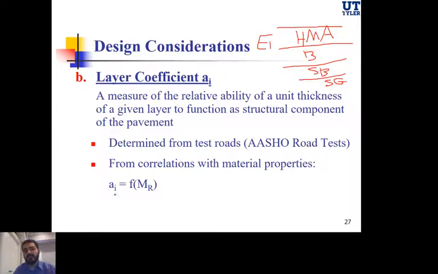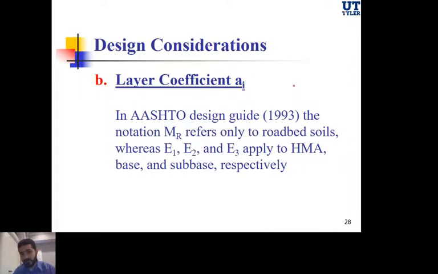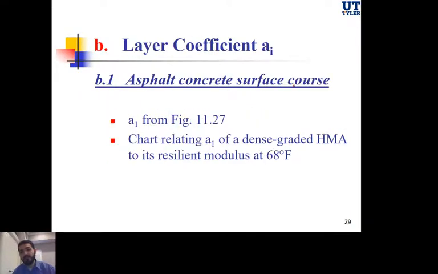To get the layer coefficient, we need to relate it to the modulus of the top layer, which is E1. The modulus of the second layer, we call it E2. The modulus of the third layer, we call it E3. The modulus of the last layer, we don't call it E4, we call it MR, resilient modulus, like what I showed you previously. So this is what this slide is all about.